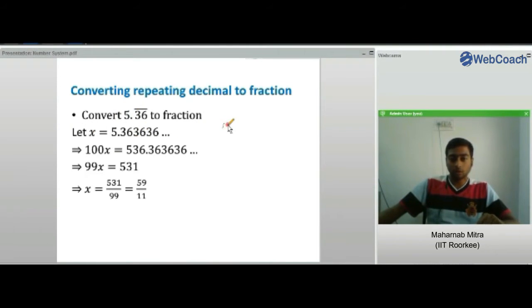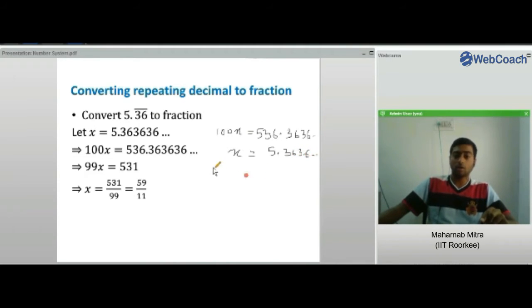Now we have 100x equal to 536.3636 and so on, because we have multiplied it by 100. And we have x equals 5.3636 and so on.